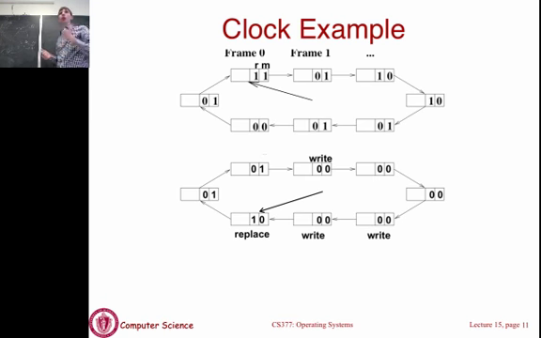Because we think we're going to need them in the future, and they've been modified, so they're the worst possible candidates. We want to choose them only if we essentially have no other choice. So by leaving the modified bit 1, we're just going to leave it modified. And then it's going to come all the way around, and we still won't choose that if we have to make a second pass. We're going to prefer a page that is either 0, 1 or 1, 0 over a page that's 1, 1.